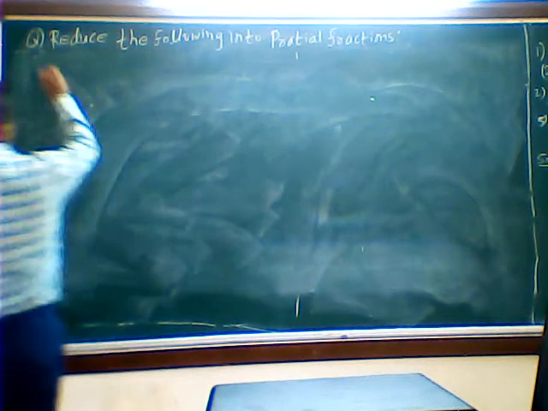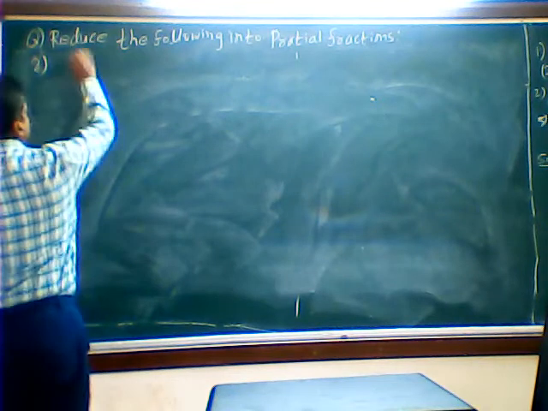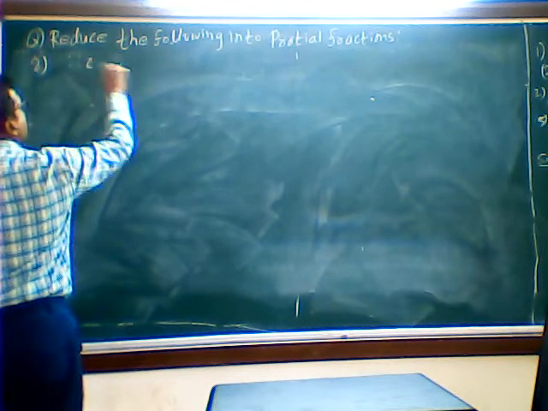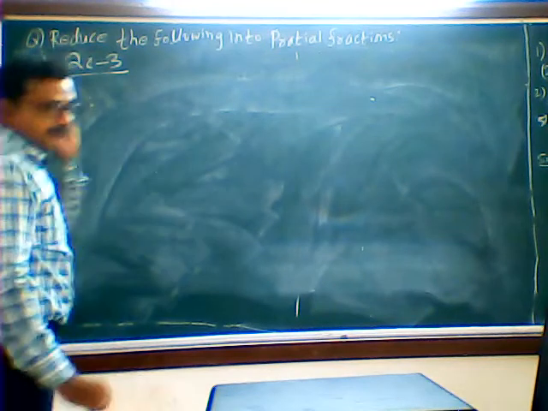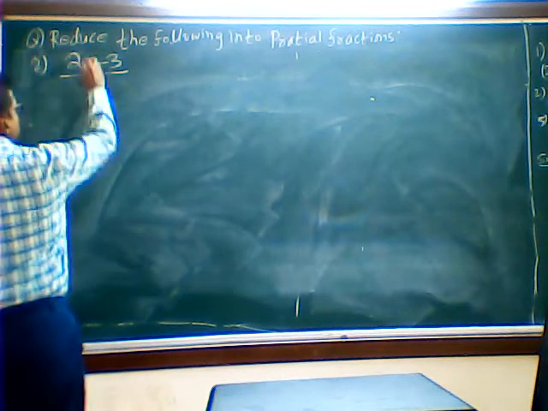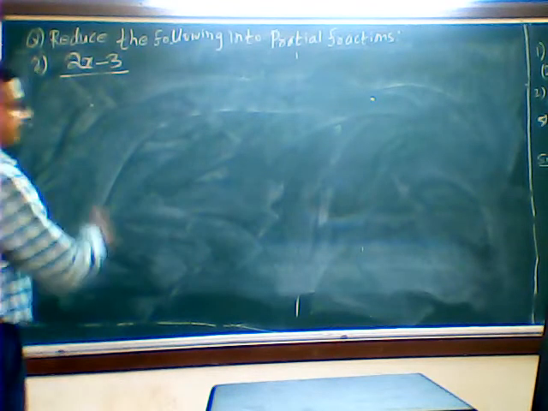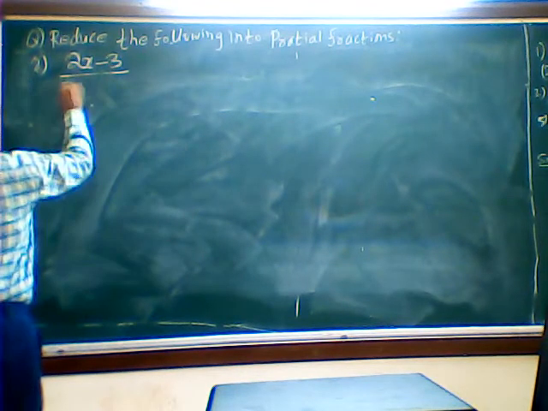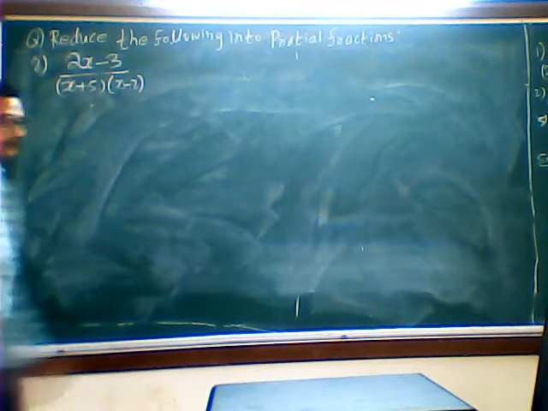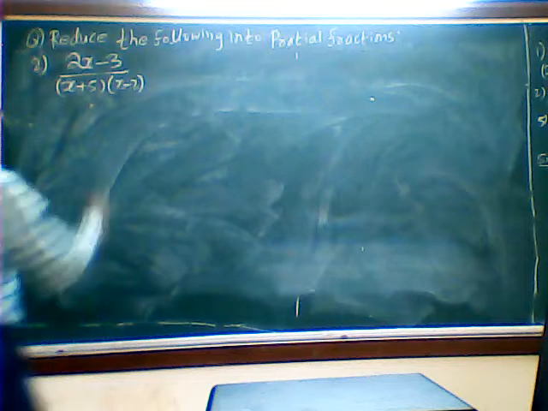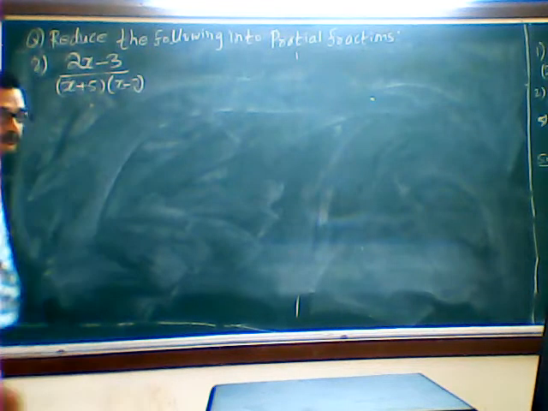Next one, second one we'll do. 2x minus 3 divided by (x plus 5) into (x minus 2).